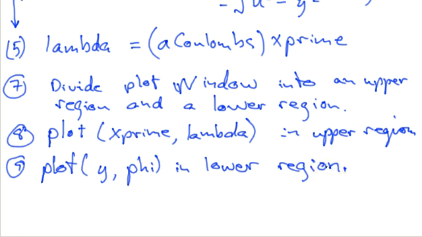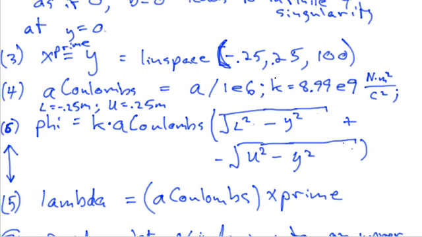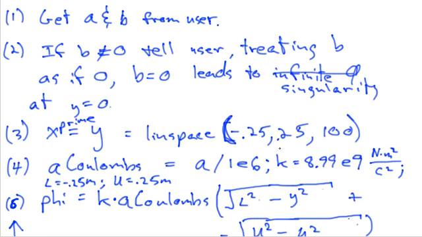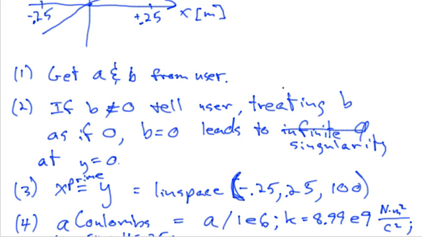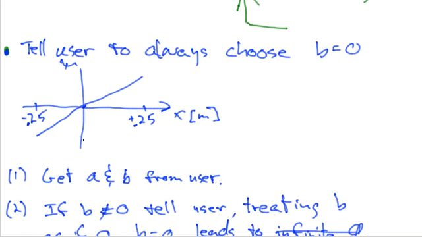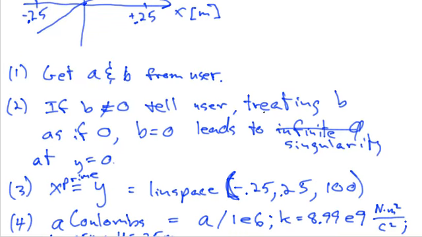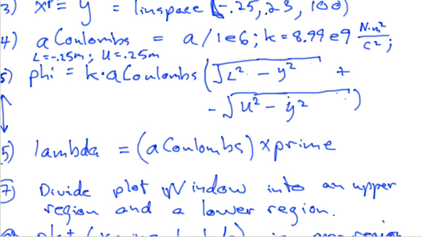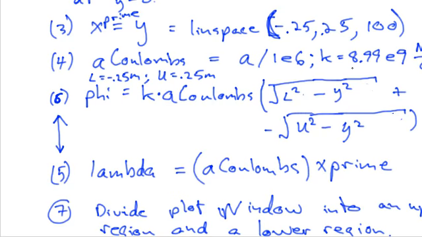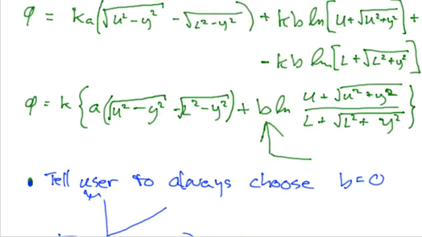Okay, I'll take a quick look at the handout, make sure I did what I was supposed to do. Okay, I got two things I want to do before I call this video a wrap. One, I've taken a look to see if I got a negative y value, I think it's going to work out for me. As far as phi, the y gets squared, so that doesn't matter.